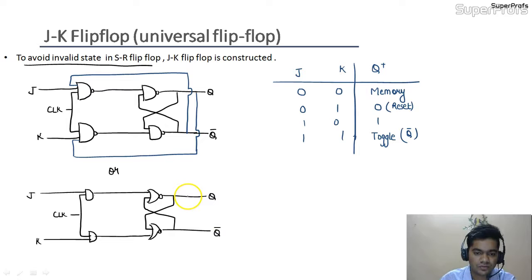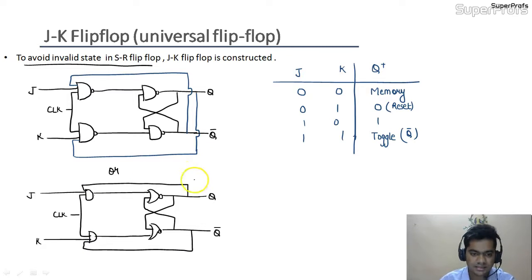What we are going to do, we are just connecting Q with J and Q bar with K like this. So this is the same circuit. This circuit is constructed from a NAND gate latch, and this circuit is constructed from a NOR gate latch.